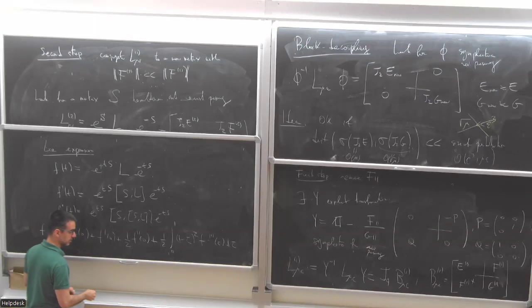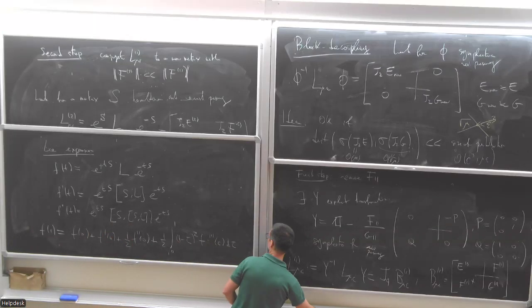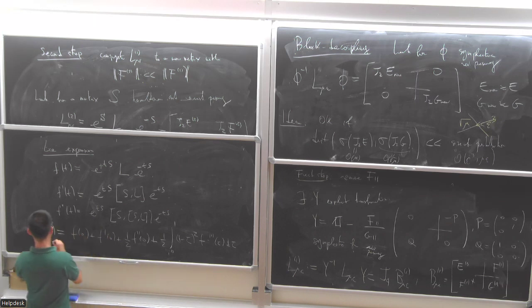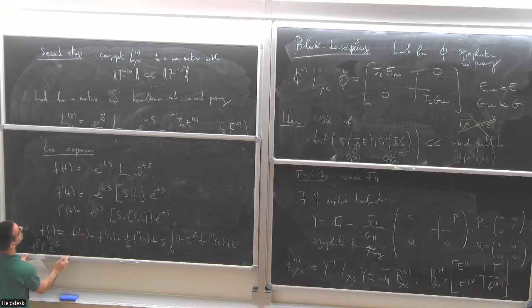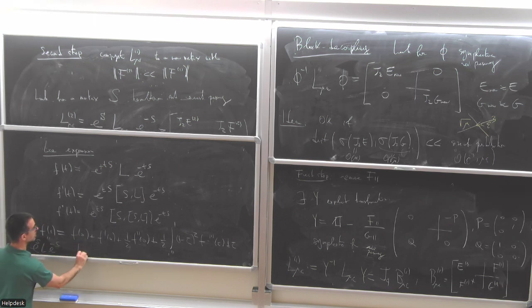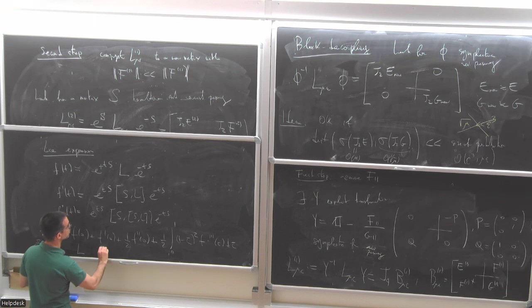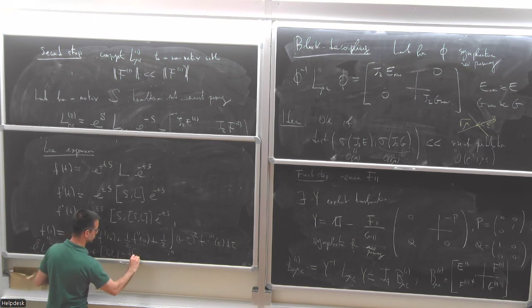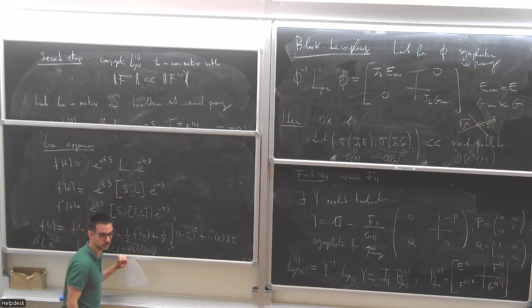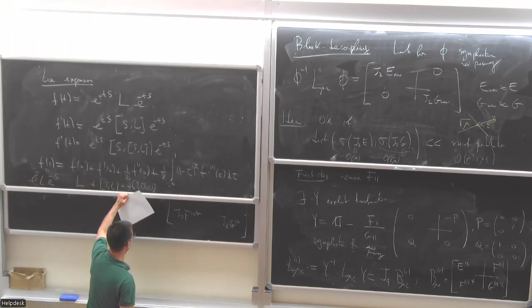And so what is this expansion? f of 0 is e to the S L e to the minus S, this is L, this is the commutator between S and L, this is 1/2 the commutator between S, S, L, and you go on. Okay, so this is an expansion in commutators.